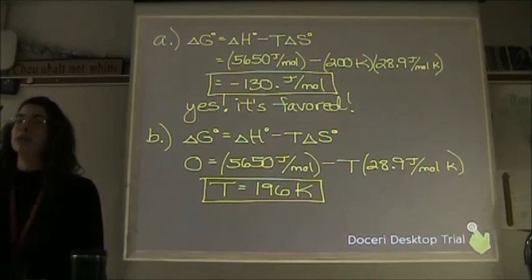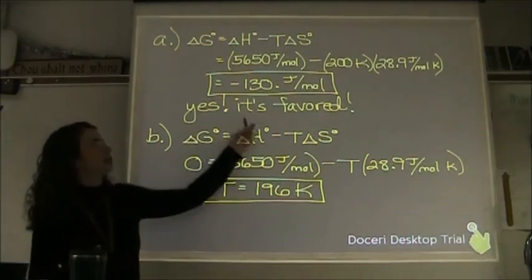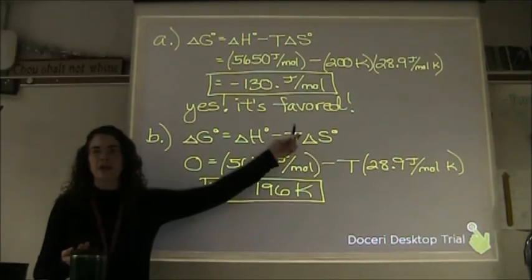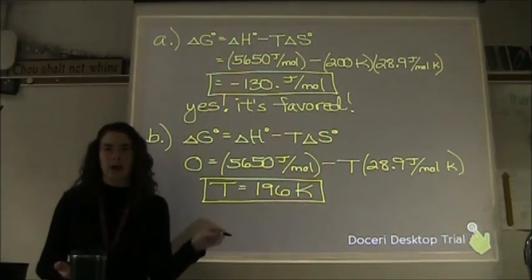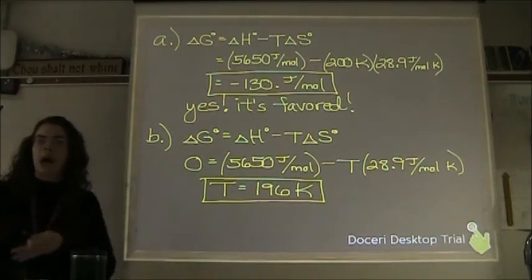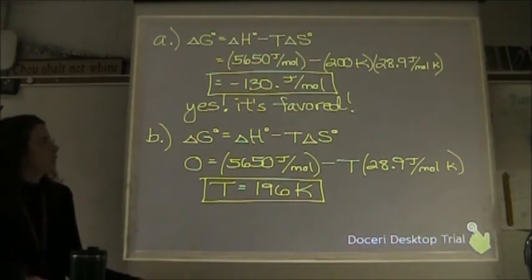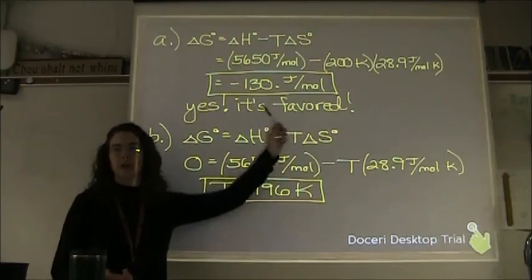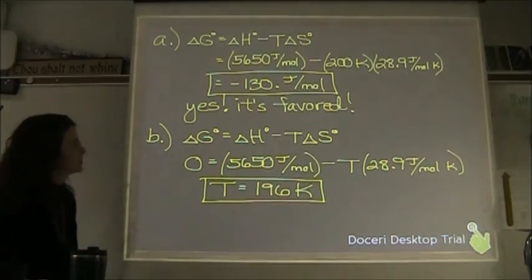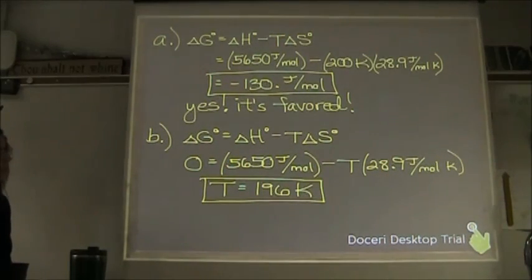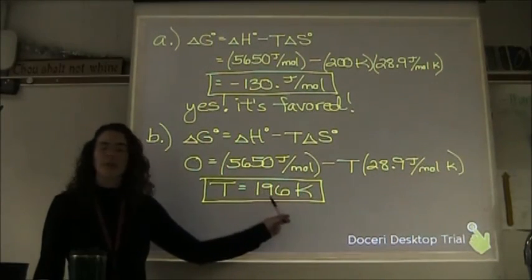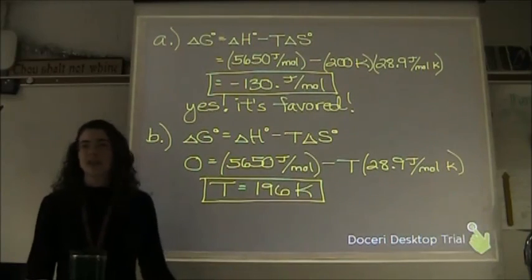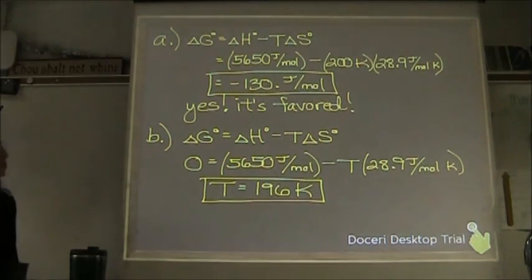And that's fine because if we're supposed to answer the question, is it favored, I don't actually even care what the number is. What do I care about? The sign. Is it positive or negative? And you can see with my exclamation points, I'm very excited about thermodynamics. A few people asked, did you need to change the temperature in letter B back to Celsius? No, unless they ask you to.